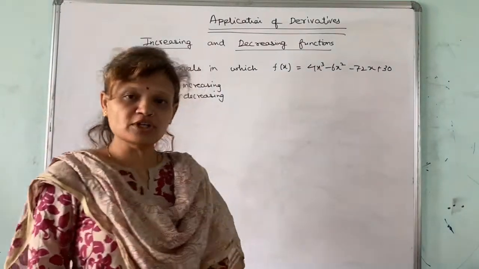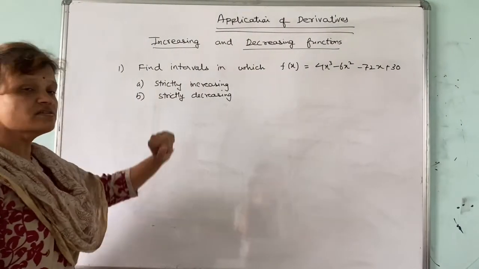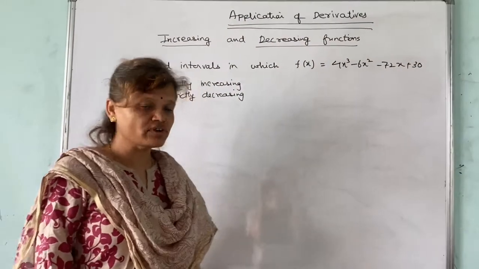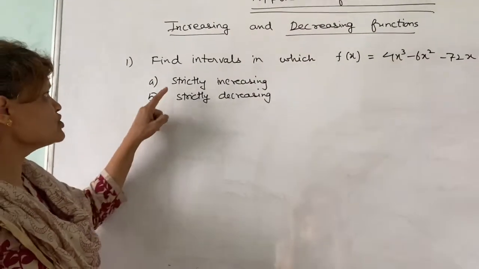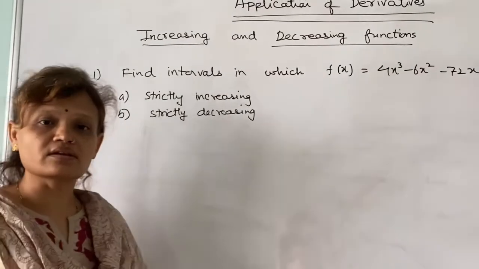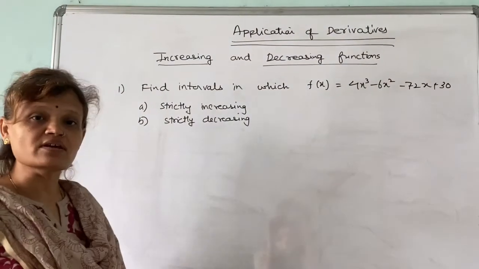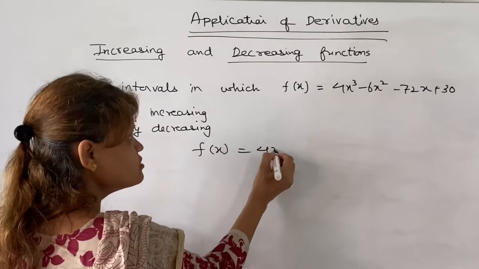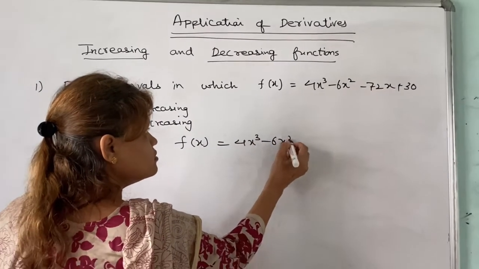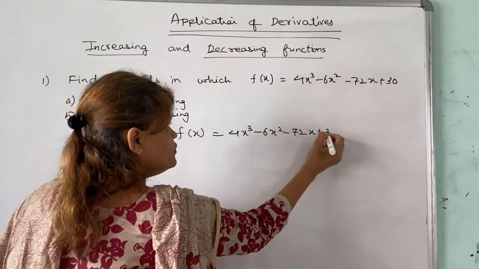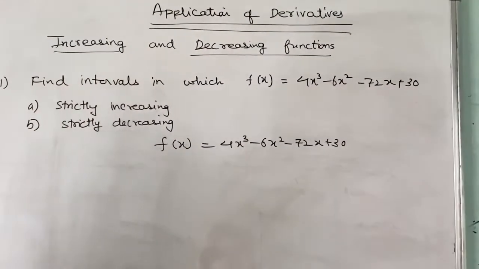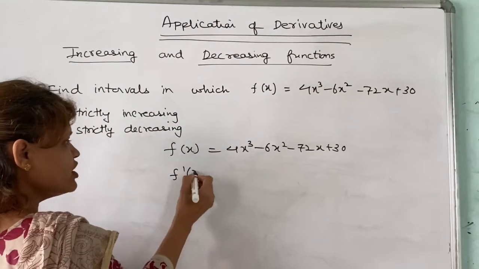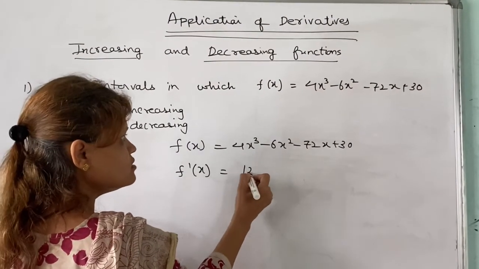Let us take an example now. Find intervals in which the function, they have given a function, is strictly increasing and strictly decreasing. So we have to determine the intervals. Now the method is, first we write the function, then we take its derivative with respect to x, that is f dash of x.